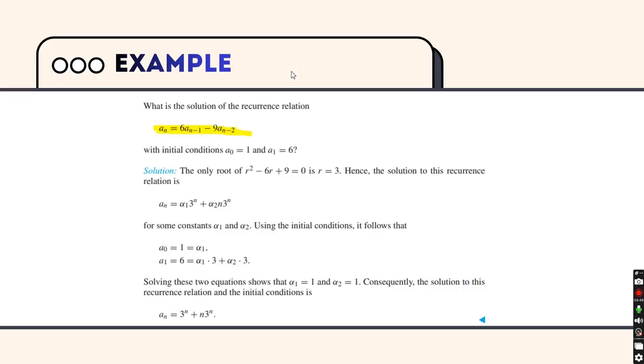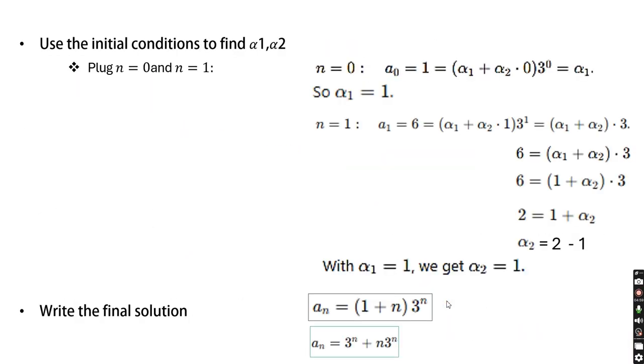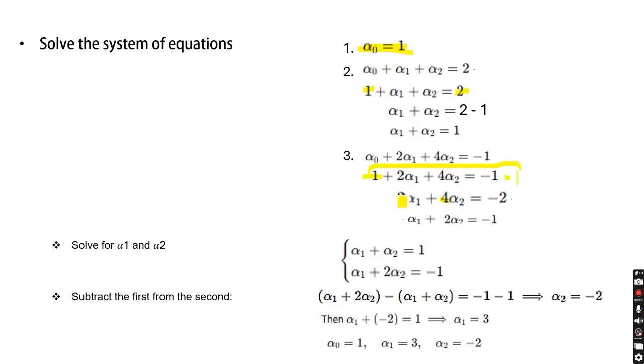Then we see the initial conditions given: a0 equals 1 and a1 equals 6. They are the same and divisible by a value of 2.